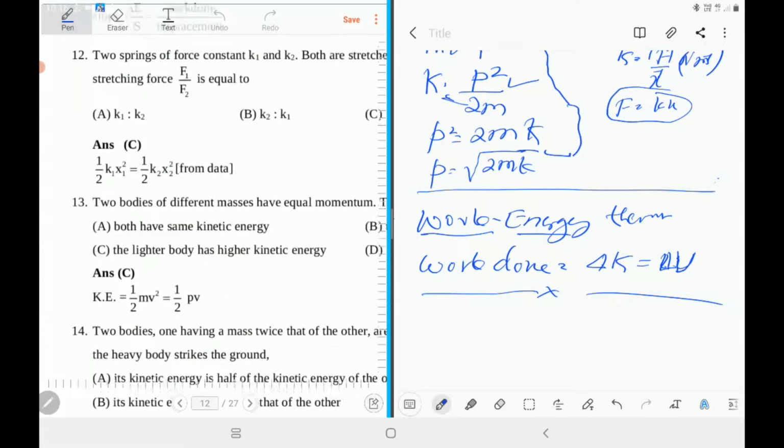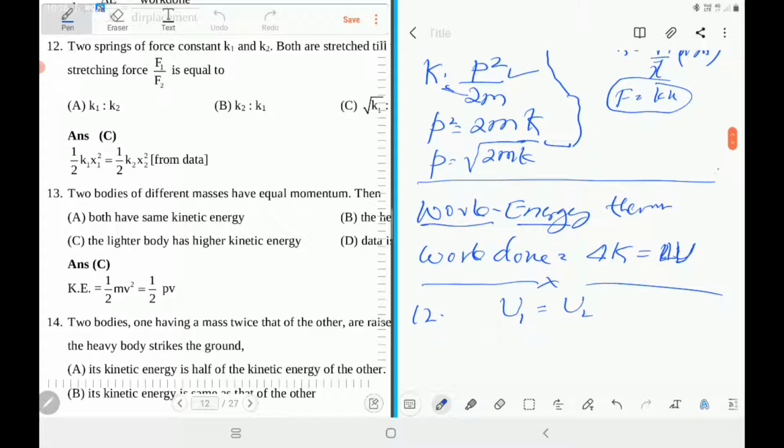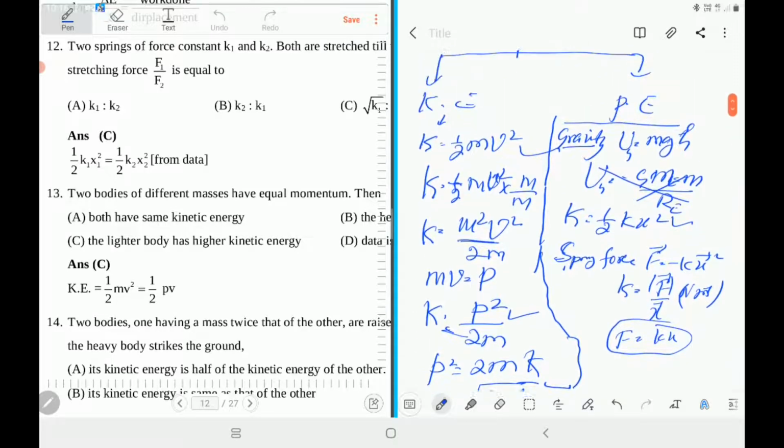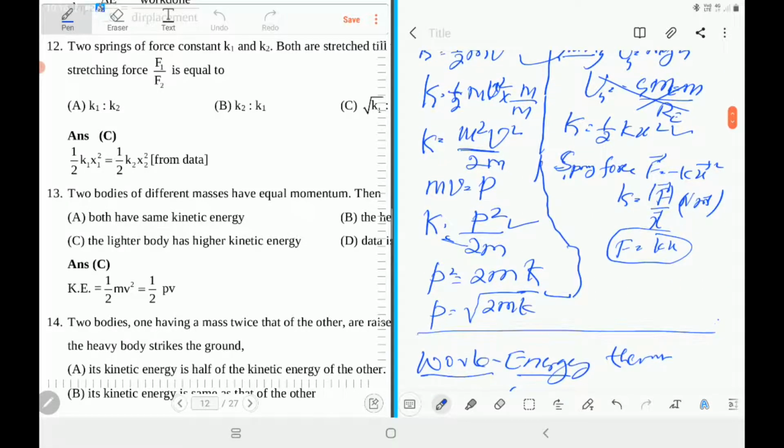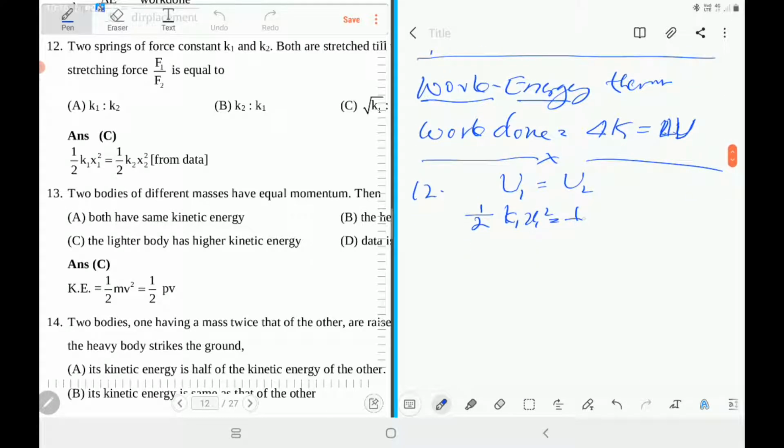Here in problem 12, it is given that the potential energies of the two springs, U1 and U2, are the same. What do you write for energy? The energy expression is half K1 x1 squared. There are two springs, and we are using the potential energy of a spring formula here. That equals half K2 x2 squared, right?